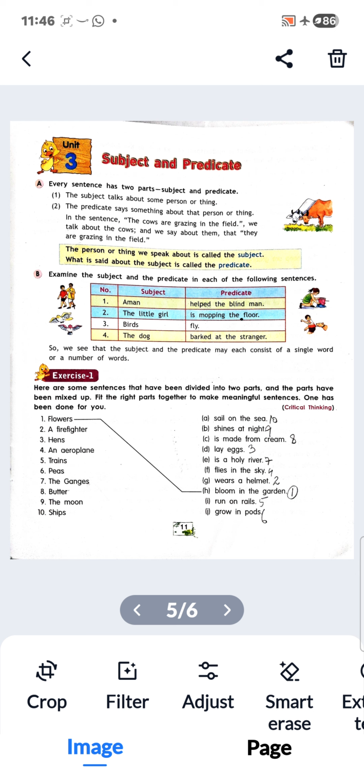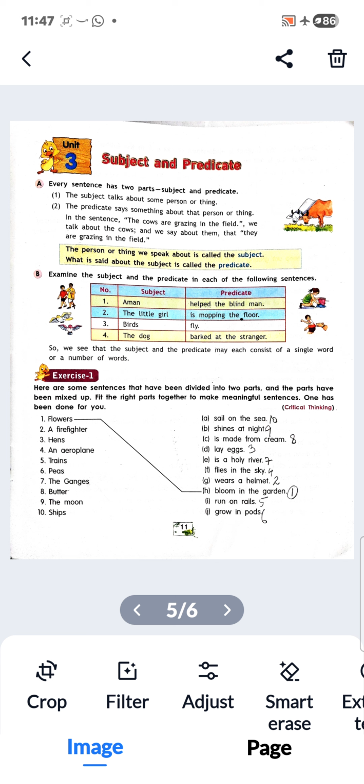Once again, the subject talks about some person or thing, and the predicate says something about that person or thing. For example, the cows are grazing in the field. Yes. So in this sentence we are talking about the cows, and what do we say about the cows? That they are grazing in the field. So 'are grazing in the field' is the predicate part, and 'the cows' is the subject part.